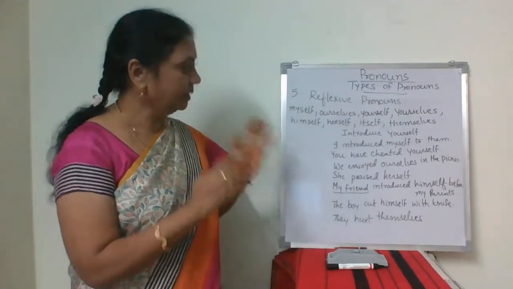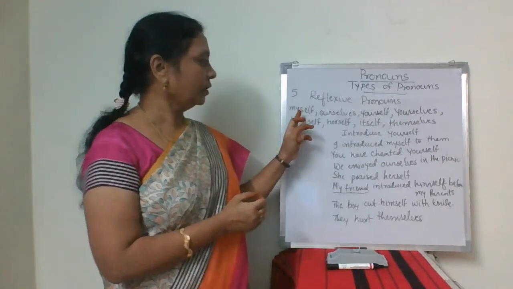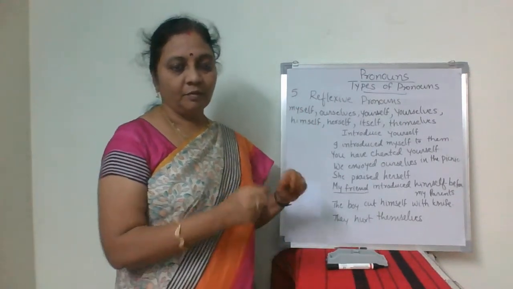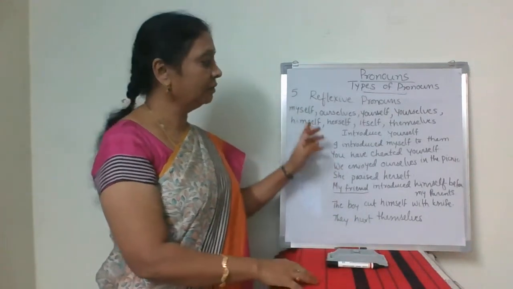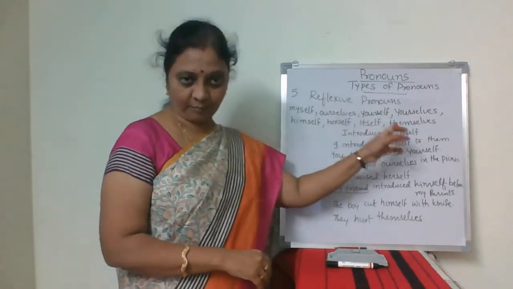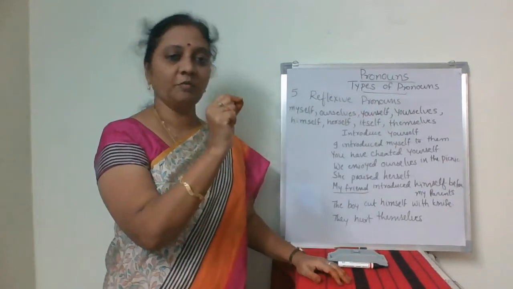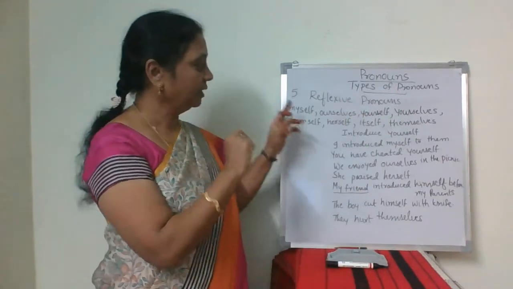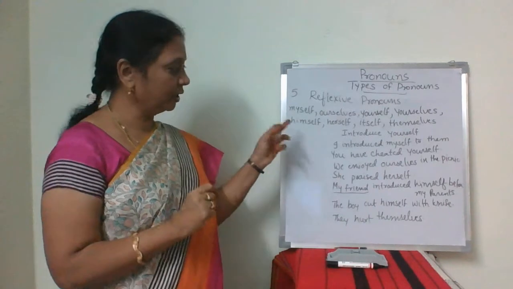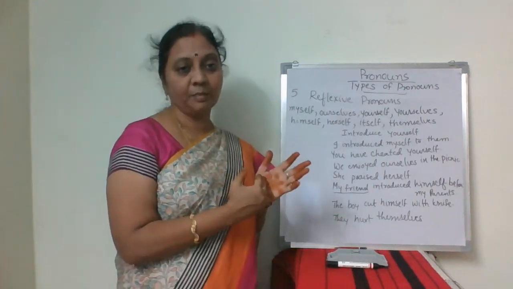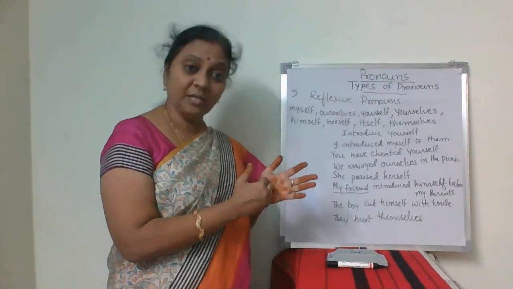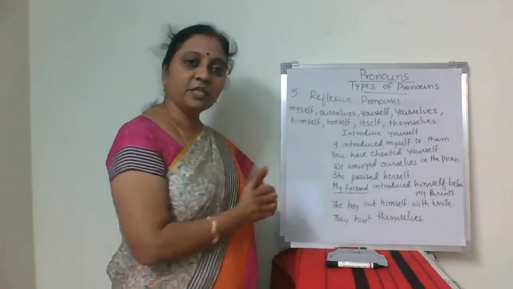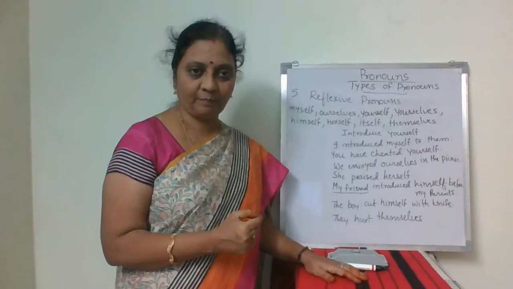Similarly, for each of the personal pronouns, we have some reflexive forms. What are those? For I, if you take the subject personal pronoun, first person singular I, the reflexive form is myself.